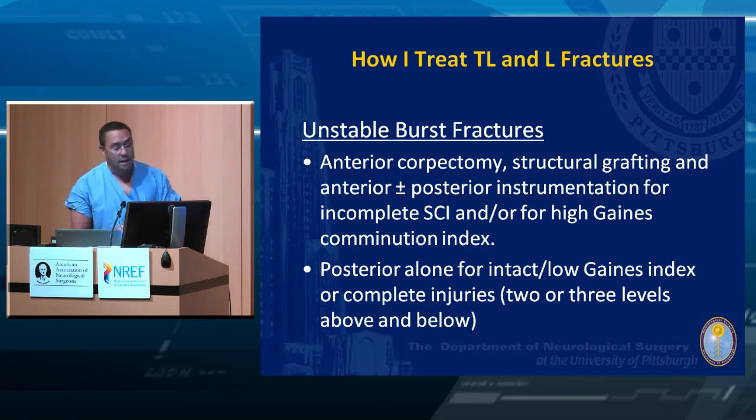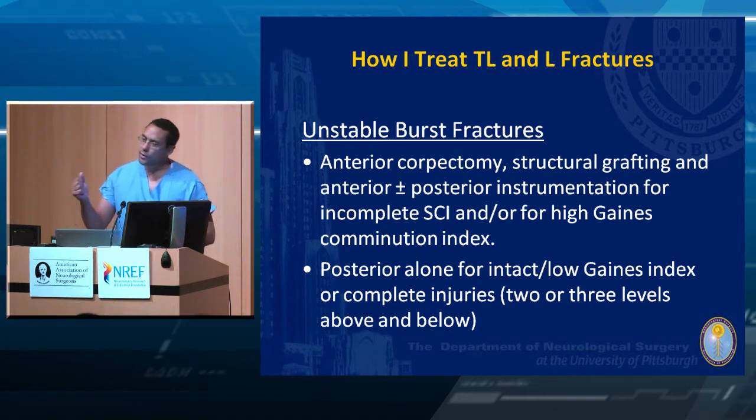So below T6, if the patients are incomplete or they have one of those high canal comminution indices, I'll do an anterior corpectomy, structural grafting, and then either an anterior plate plus or minus posterior instrumentation. And then I'll do posterior only for the intact patients without much destruction of the anterior column, or for complete injuries where you can still get a decompression through a posterior approach.